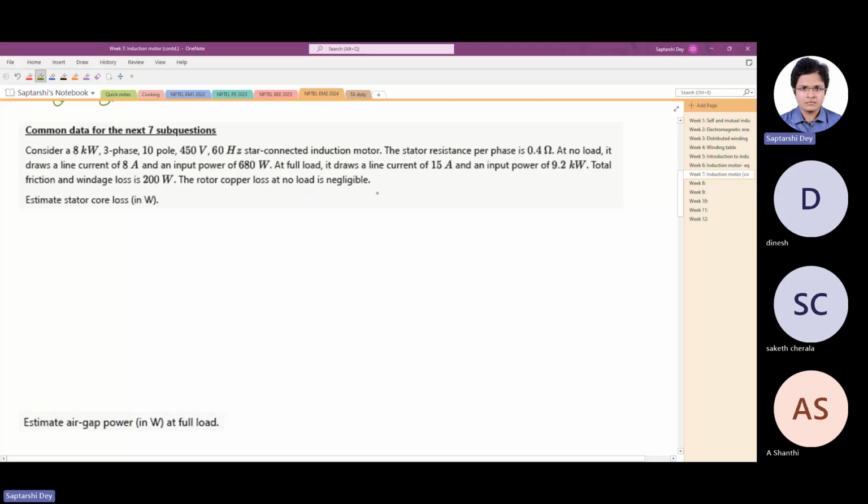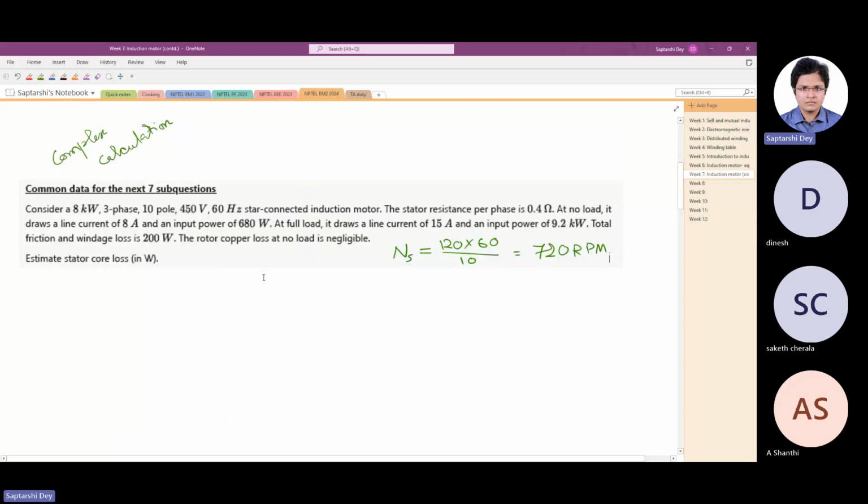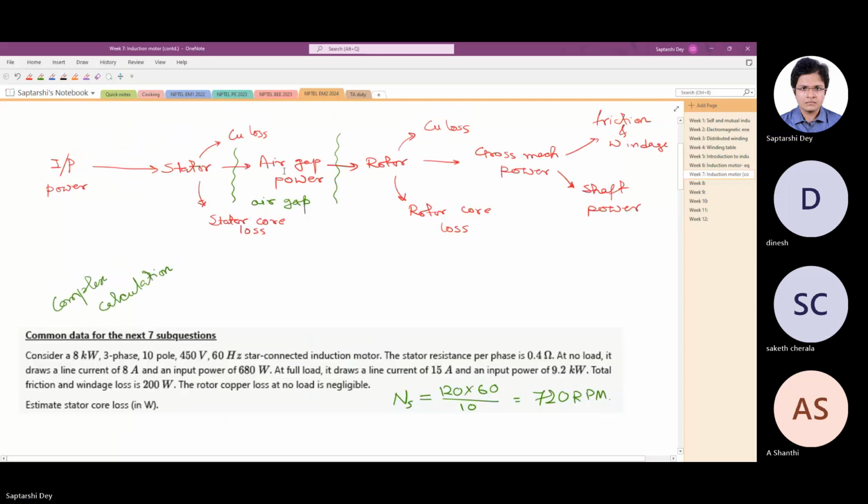Okay, so first let us find out the synchronous speed. Although we do not need it at this step, it may still be helpful, as it gives some idea. Synchronous speed is 120 f by p, with frequency 60, so the synchronous speed is 720 rpm. Now what is the stator core loss?